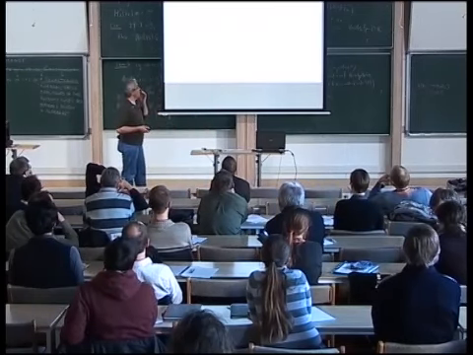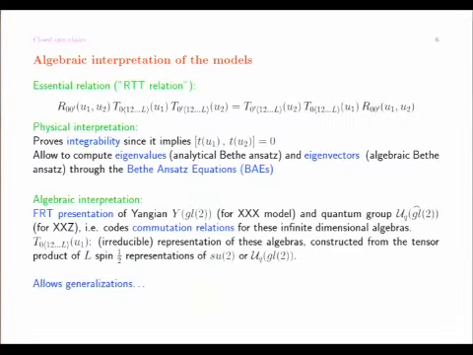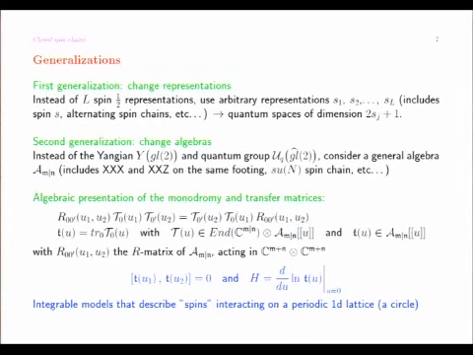So generalization from this: since you have just RTT relations with the monodromy matrix represented in some representation of GL2, the generalizations are quite obvious.